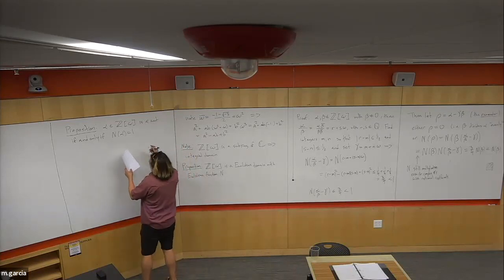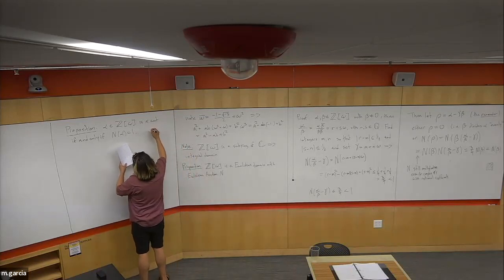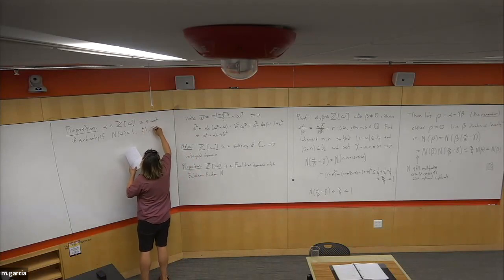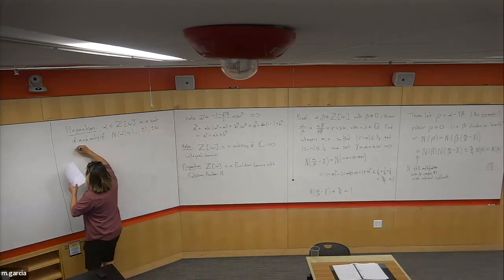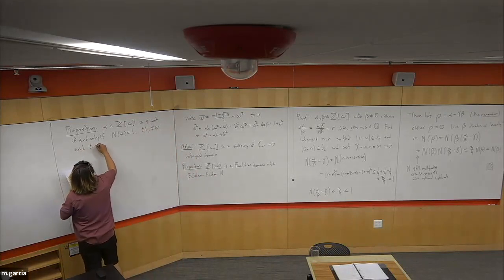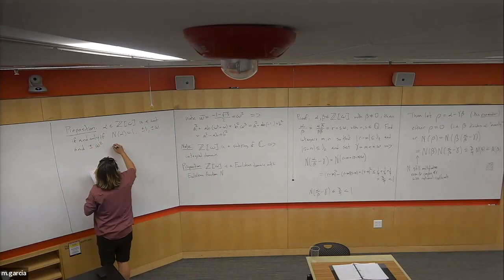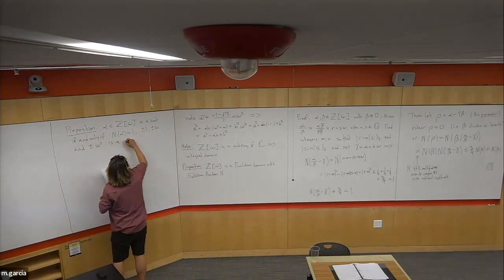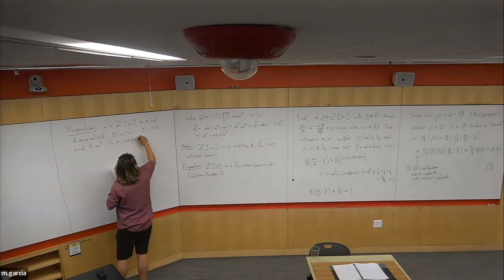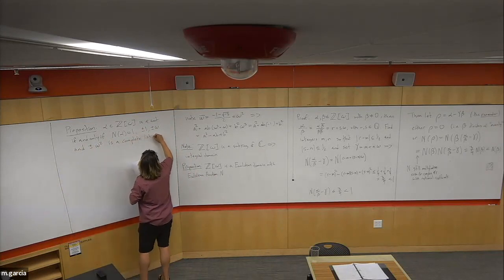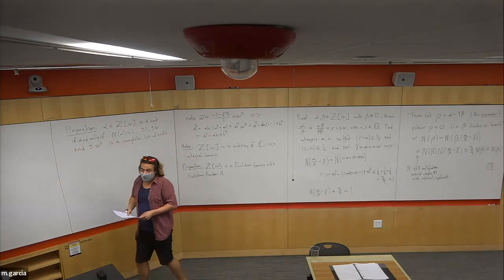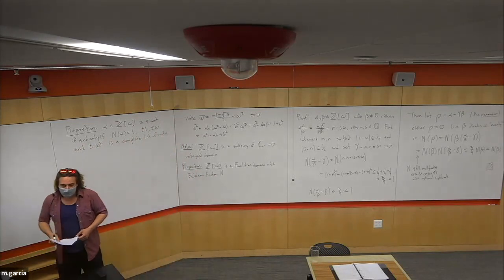But now, in one go, I'll tell you that plus or minus 1, plus or minus omega, and plus or minus omega squared is a complete list of units. So we end up with 6 units now.